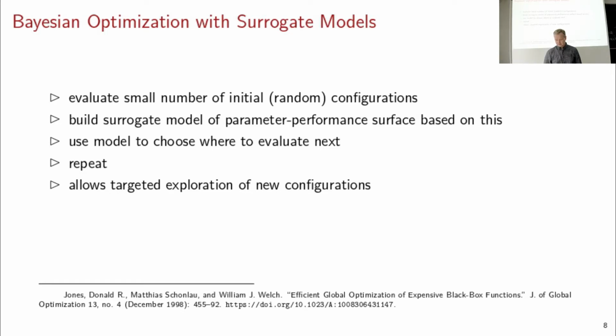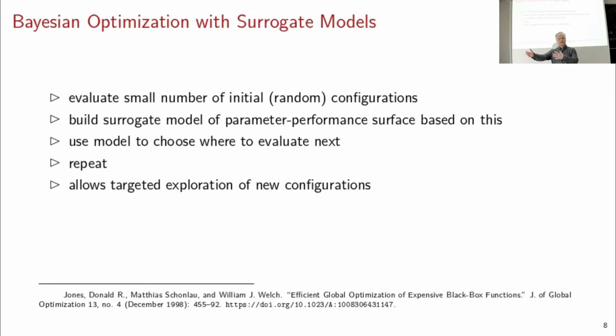And intuitively, this is much like you would do it as a human, right? You start a bunch of initial evaluations just to get a feeling for what the parameters do, and then you're like, oh, hang on, parameter 5 here, if I increase that, I see better results, so let me try doing that.